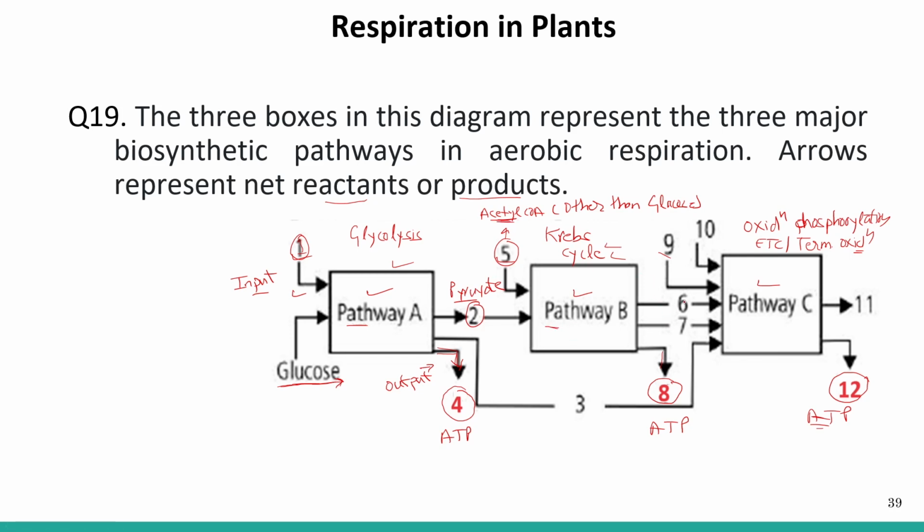NADH and FADH2 are produced during glycolysis and the Krebs cycle, so 6 and 7 can be NADH and FADH2 entering the oxidative phosphorylation pathway.